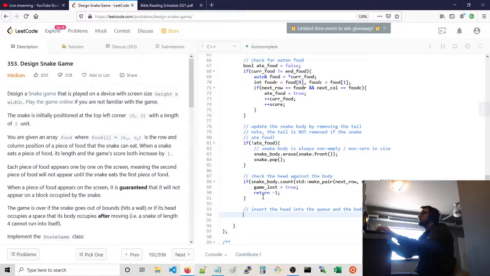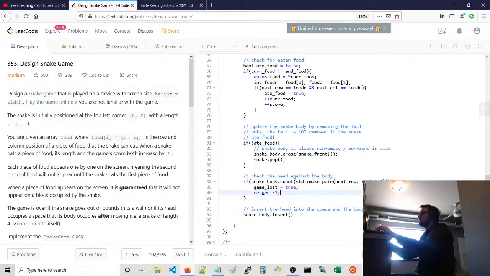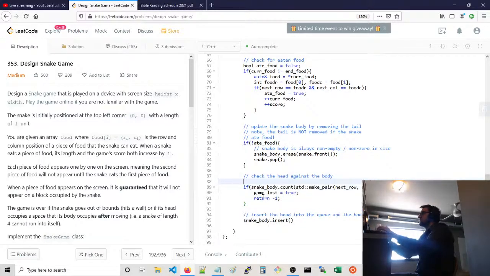So we'll say snake body dot insert. Okay.